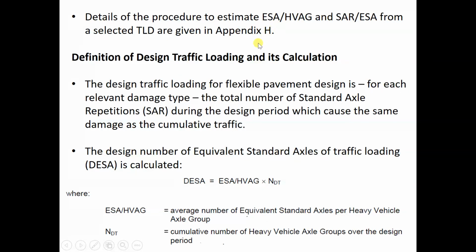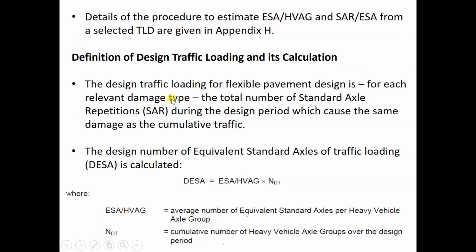I don't have that Appendix H as well. If you're interested, you can look into the resources in Moodle, because there are so many tables from the WIM, the weigh-in-motion sites. The definition of design traffic loading and its calculation.